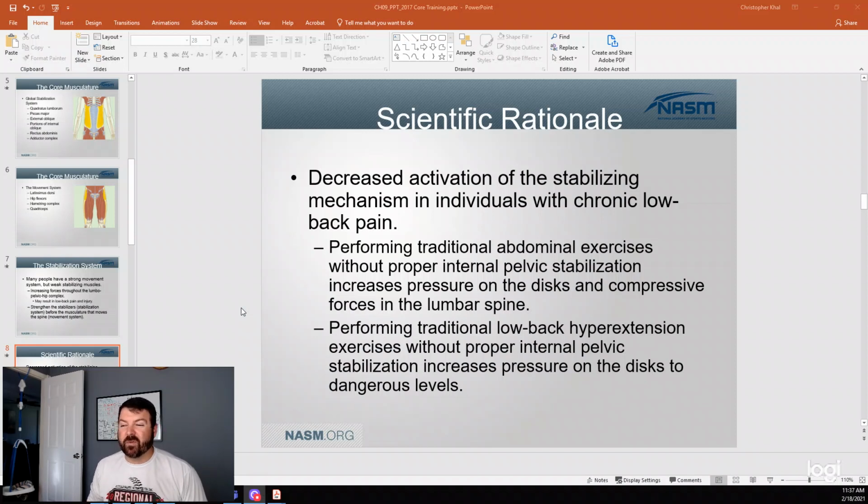A lot of the forces that we place, especially on our spine, if we're not properly prepared for some of these activities, and I'm not really talking about a warm-up, but more that if your core can't maintain these forces, it's going to fail.